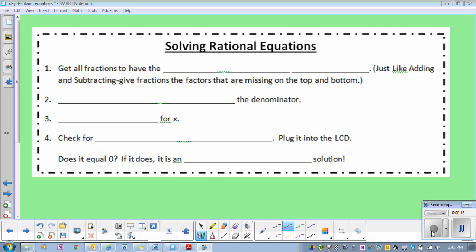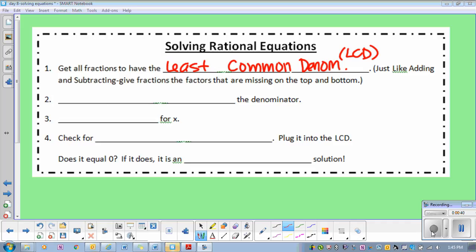The first step in solving rational equations is to get all the fractions to have the least common denominator. So the LCD. Are you guys okay if I just put denom for short? Okay. Thank you. A period.